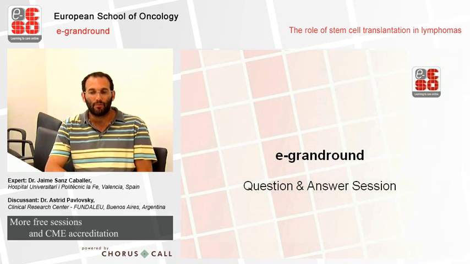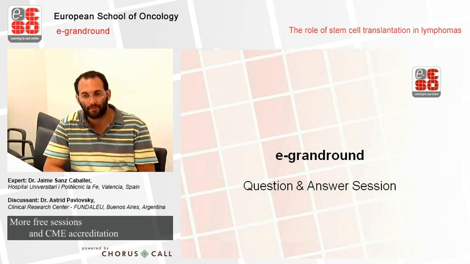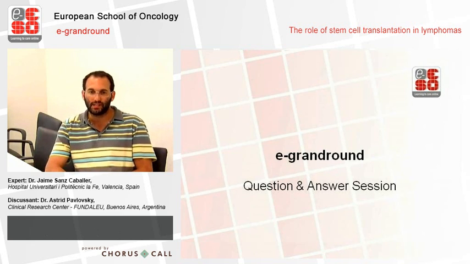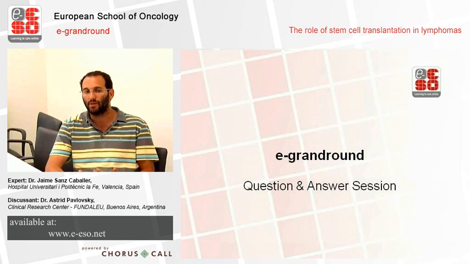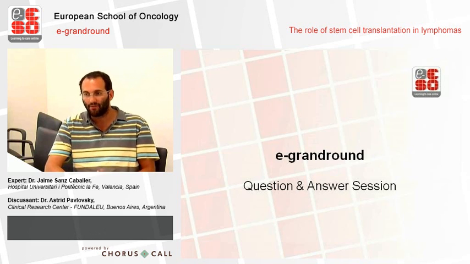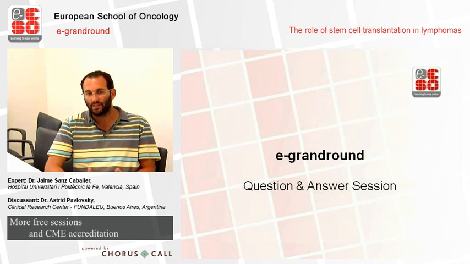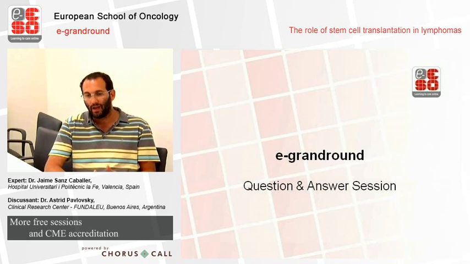I guess here the best candidates would be those diseases that are not very chemosensitive, so you choose alloreactivity instead of chemotherapy and autologous transplant, and are very sensitive to alloreactivity.